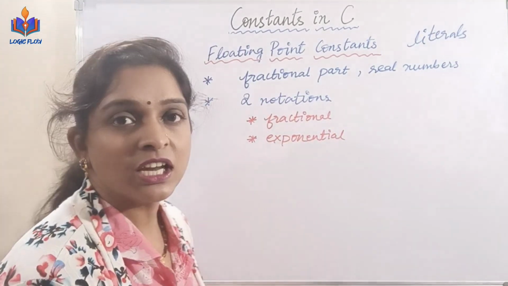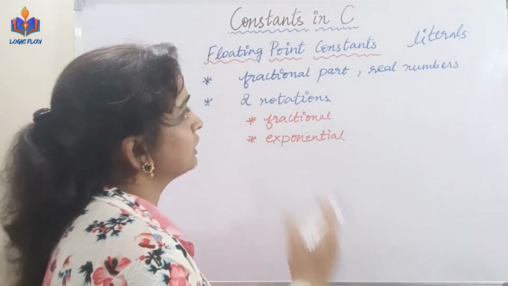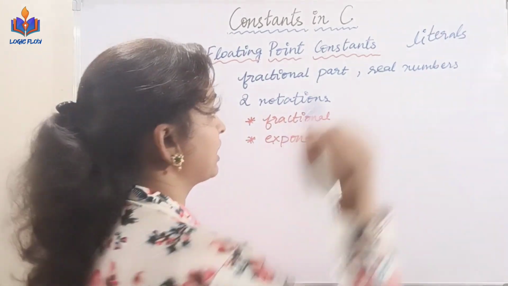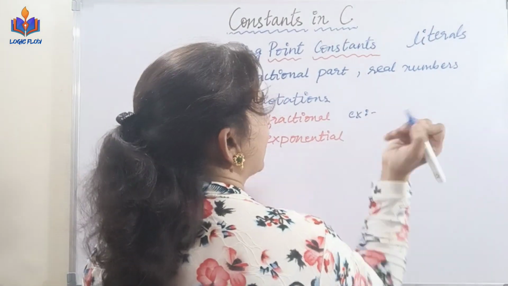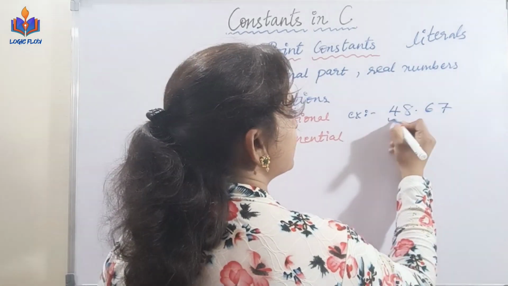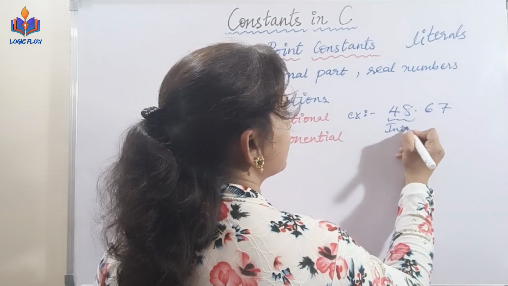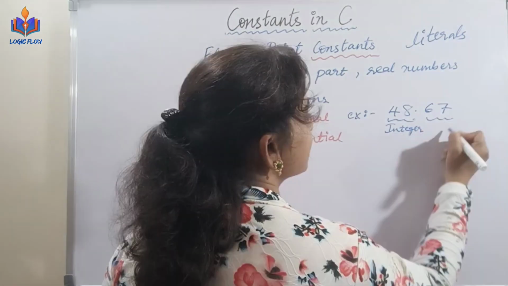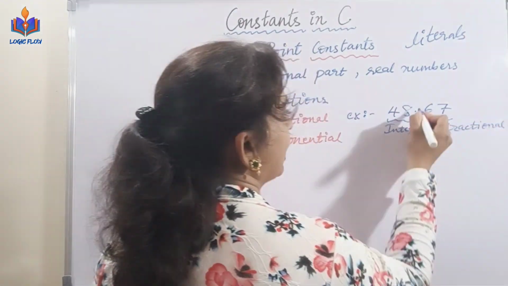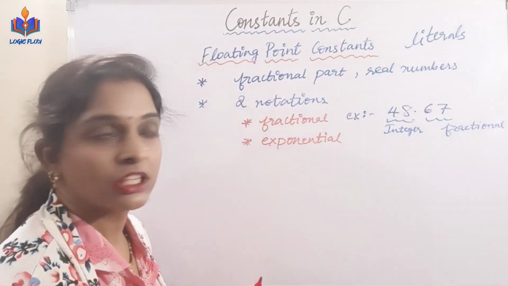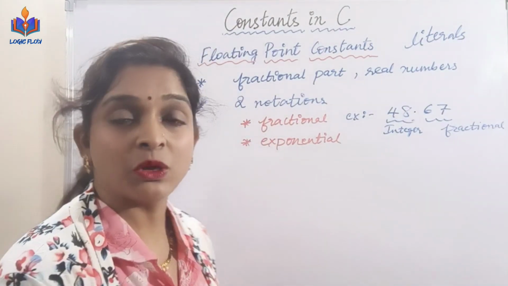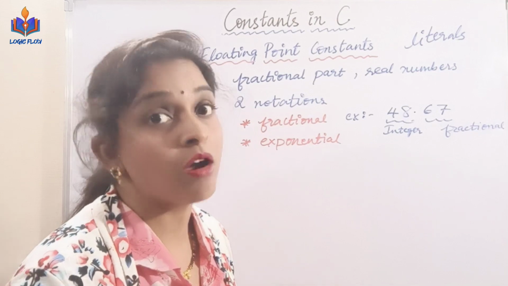In the fractional notation, we represent the floating point constants using a dot, that is a decimal point. Say for example, I just write 48.67. This is the integer part and this is the fractional part, and you have the decimal point here. This is the fractional notation. But the exponential notation is used to represent long numbers.